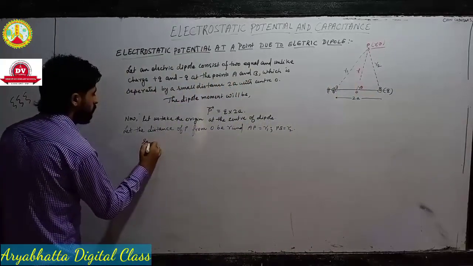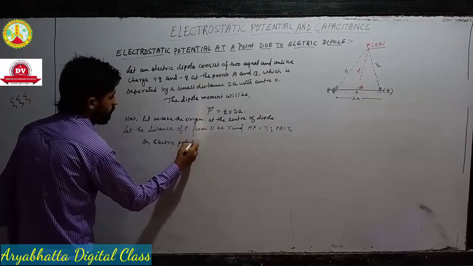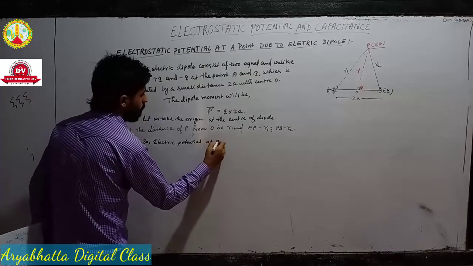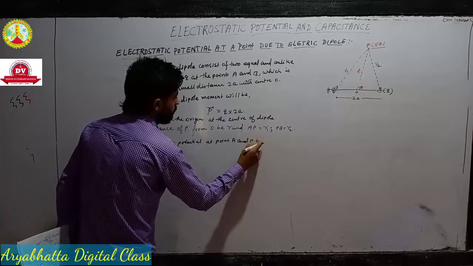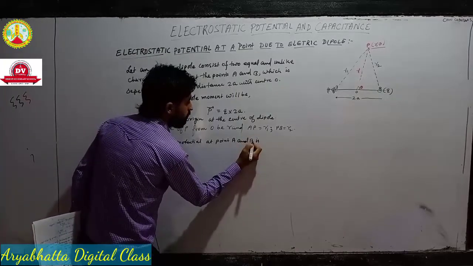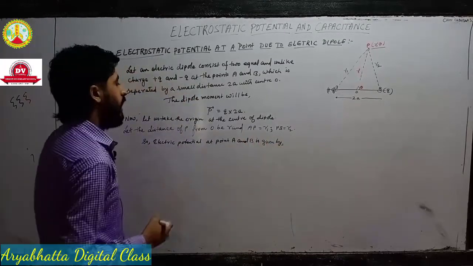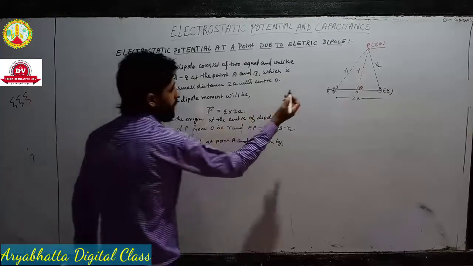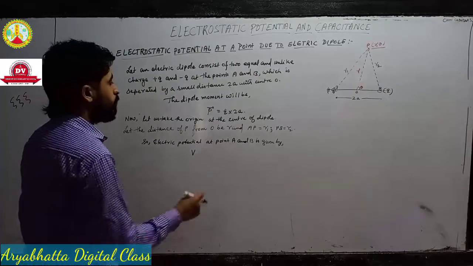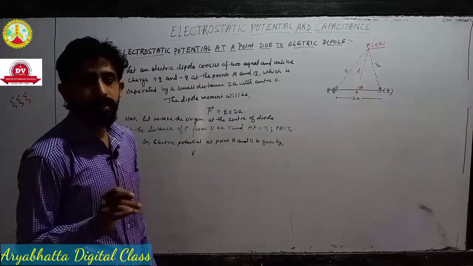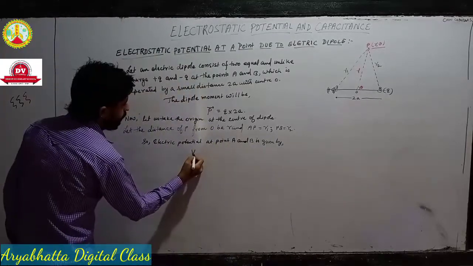So the electric potential at point A and B is given by, what can we write at point A and point B? So let's take point A, and write it as V1.